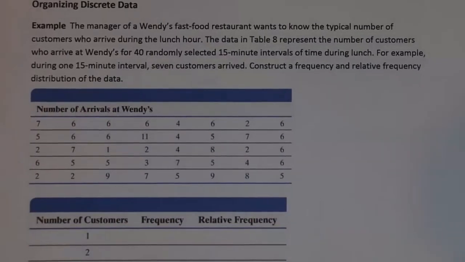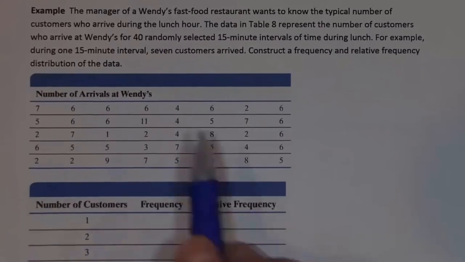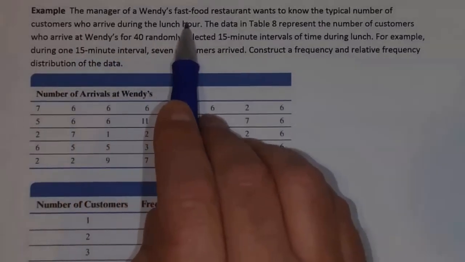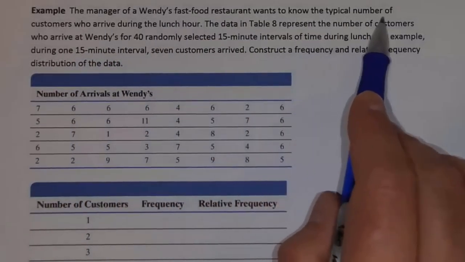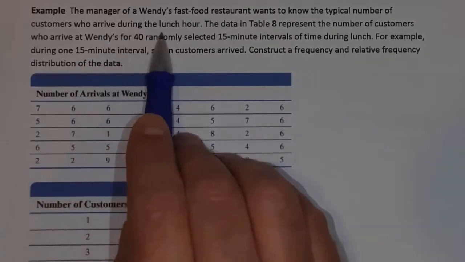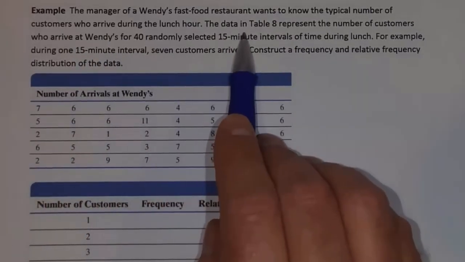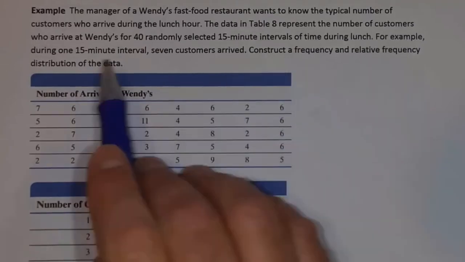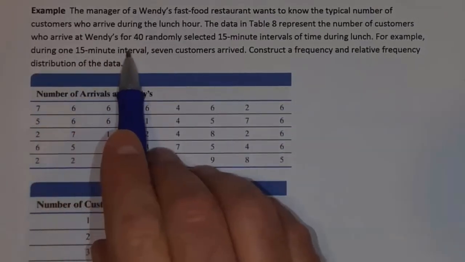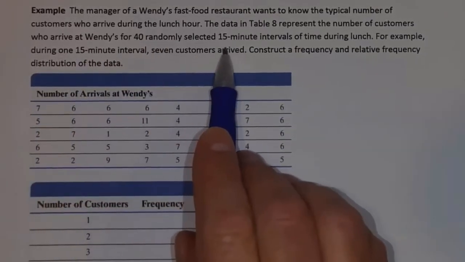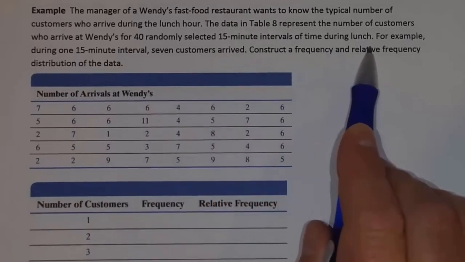Now this comes straight from your book. The manager of a Wendy's fast food restaurant wants to know the typical number of customers who arrive during the lunch hour. The data in Table 8 represent the number of customers who arrive at Wendy's for 40 randomly selected 15-minute intervals of time during lunch.